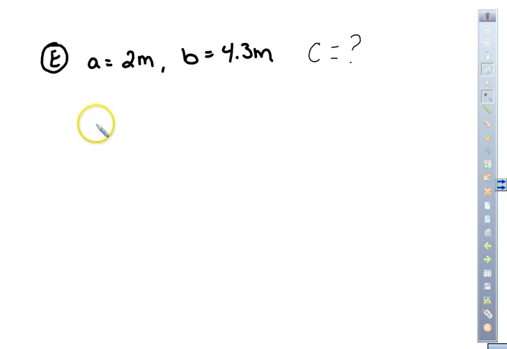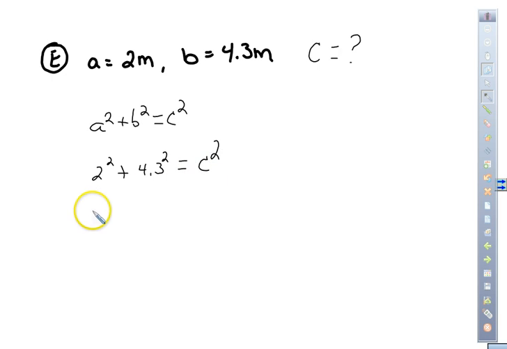All right, so now we have a squared plus b squared equals c squared. So a is 2 squared plus the b, which is 4 3/10 squared, equals c squared. So 2 squared is 4, plus 4 3/10 squared is 18.49.